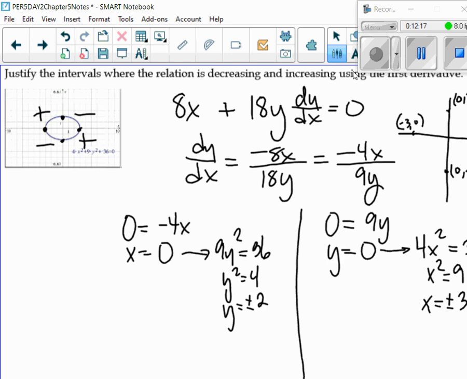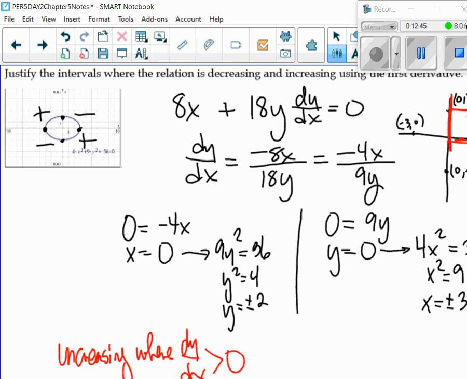And then again, you need to pick something between here and here and here and here. So something in that kind of square as a point, and then test it in your derivative. Okay? So how do we answer this question here? Okay, so let's say it's increasing where dy/dx is greater than 0, yes?